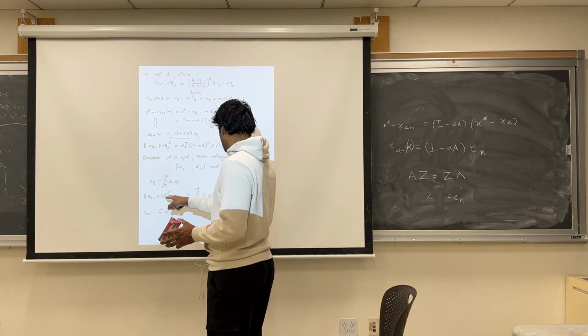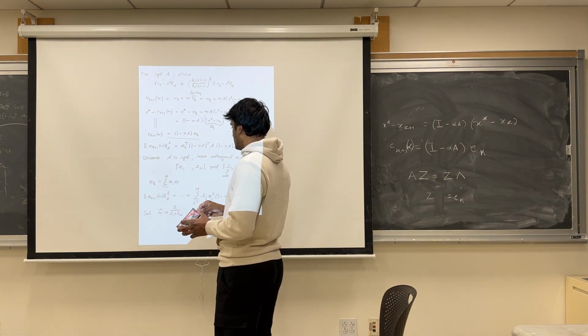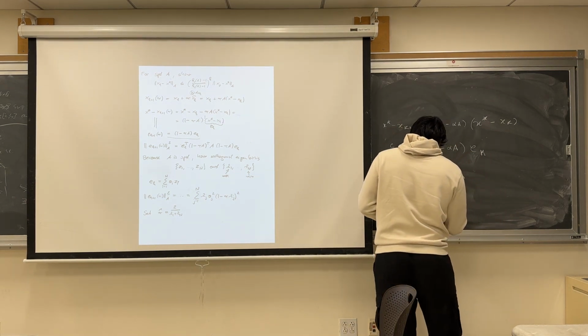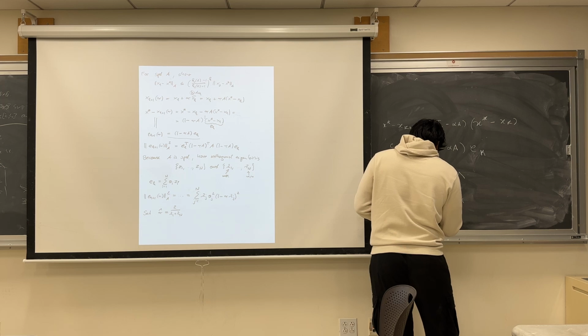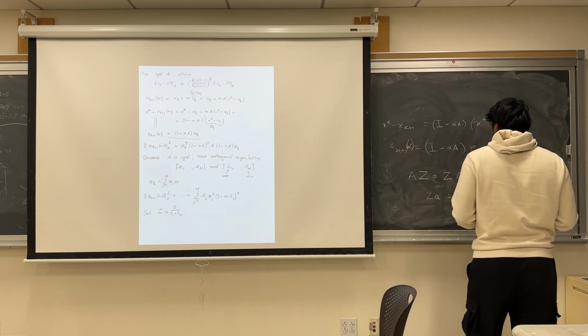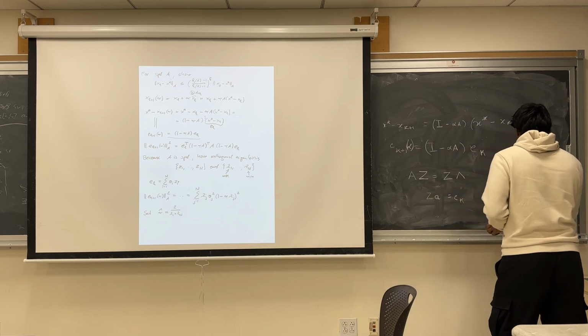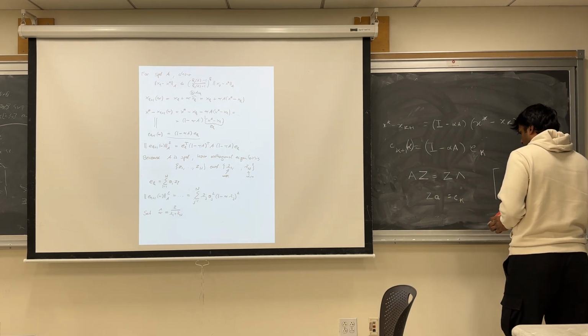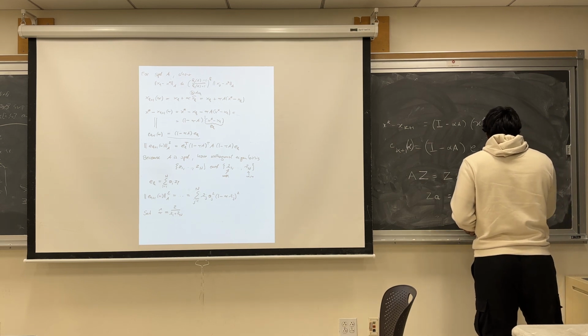He has used coefficients as a, so let me use small a. Z small a is e_k. What does this mean?